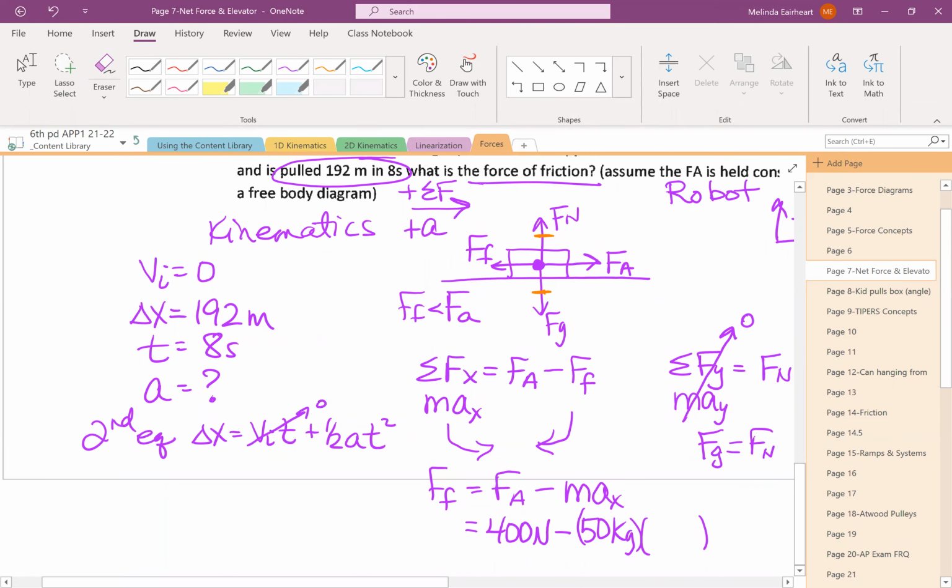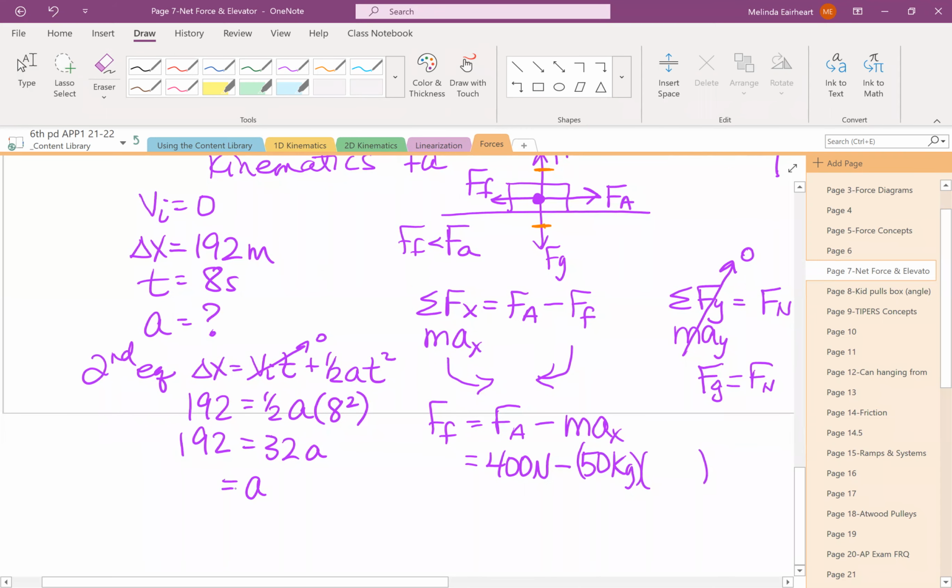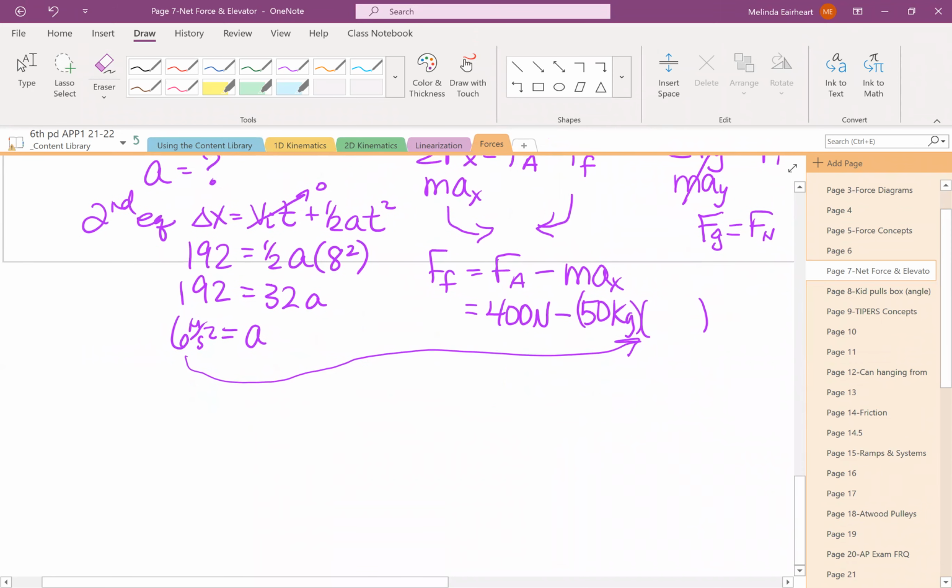VIT, thankfully, don't we love it when we start from rest? And so we get 192 equals 1/2 A, and then time, don't forget to square it. So 8 squared is 64, half that is 32. And so what's 192 divided by 32? I think it comes out real nice. 6. And so now that we have the acceleration, we can go plug it into that force statement.